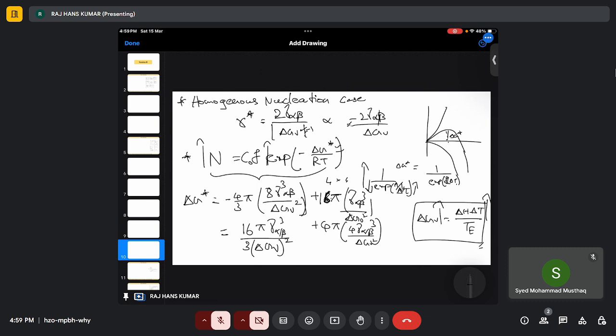Right. So this will be 16 times 3, 48. So 48 minus 32 will be 16. So that is my delta G star.